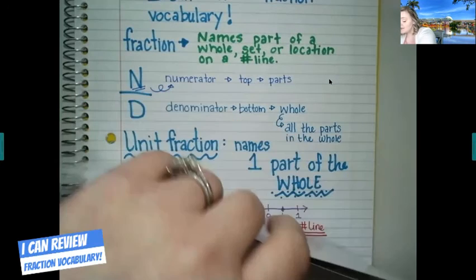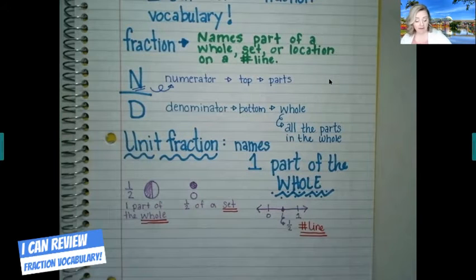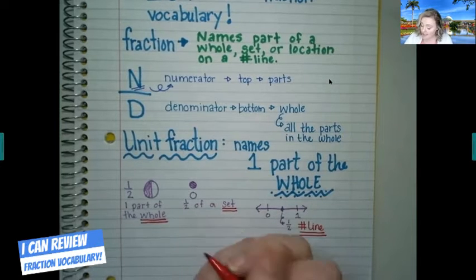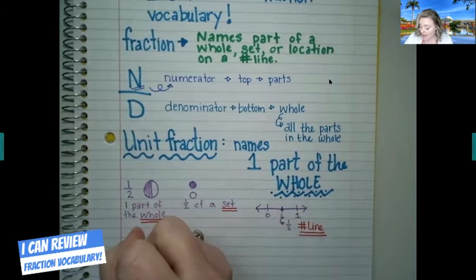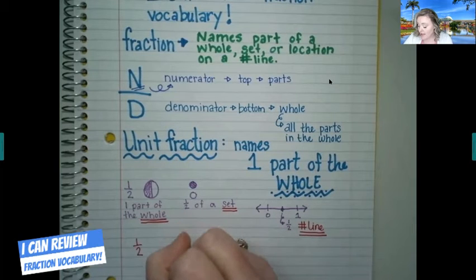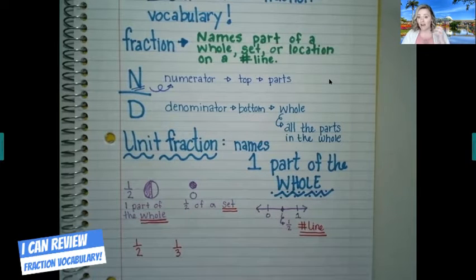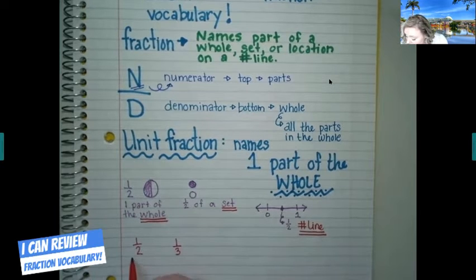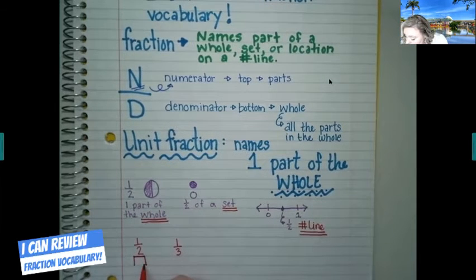So what we want to do is if we wanted to compare our unit fractions, for example, if I wanted to compare 1/2 to 1/3, I wouldn't need to draw a half in a circle and a third in a box because I wouldn't be able to compare them correctly. So if I'm going to draw a fraction model, I like to just stick with boxes. Makes things a little bit easier.